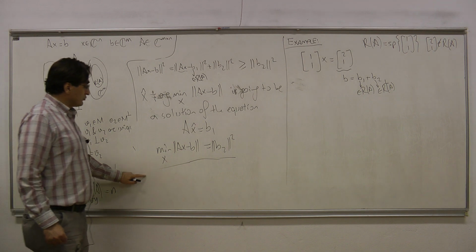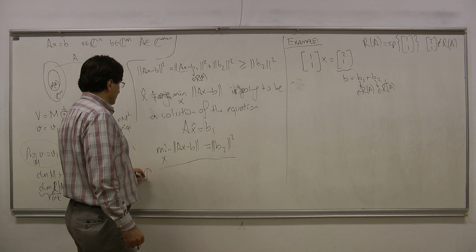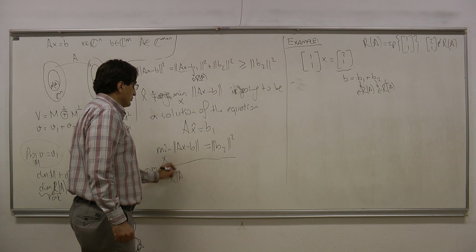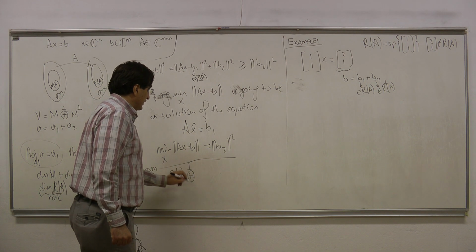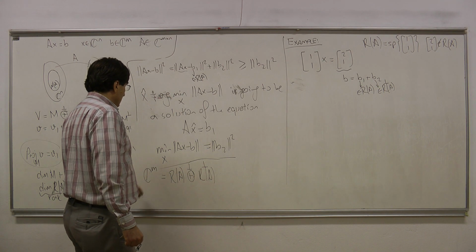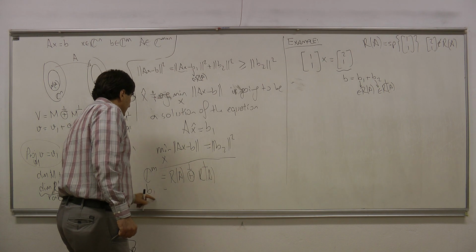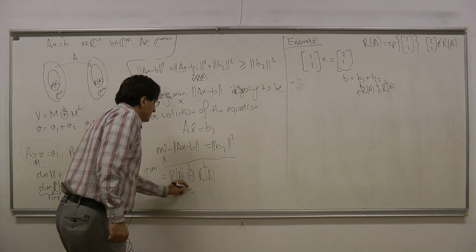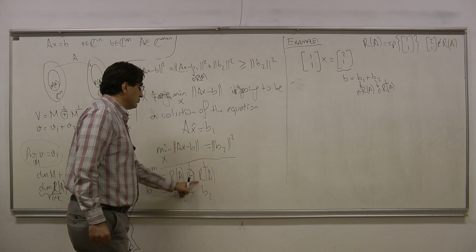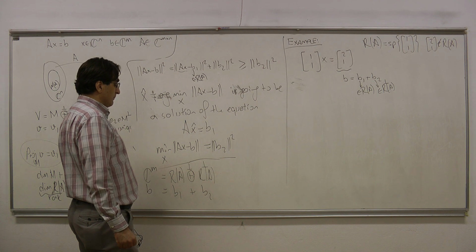While deriving this theory, we used the decomposition C^m is the range space of A, orthogonal direct sum, the range space of A orthogonal complement. So we write B is equal to B1 plus B2, where B1 is in the range space of A and B2 is in the range space of A orthogonal complement.